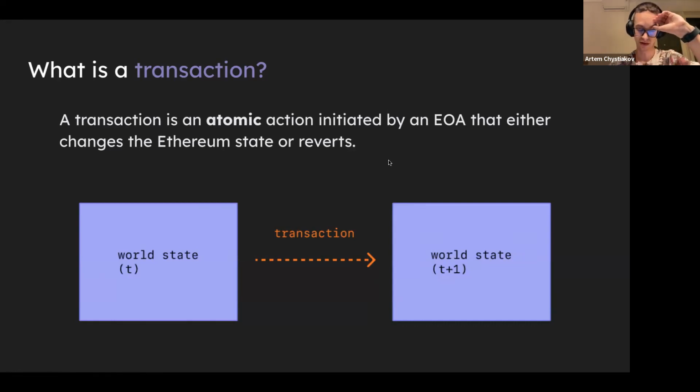In Ethereum, only externally owned accounts can initiate transactions. So contracts can only listen to the transactions and react. And also contracts can call other contracts, but they cannot originally make transactions.